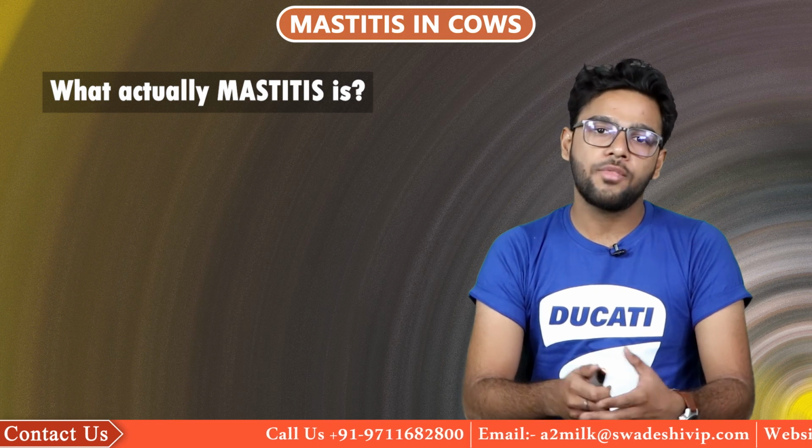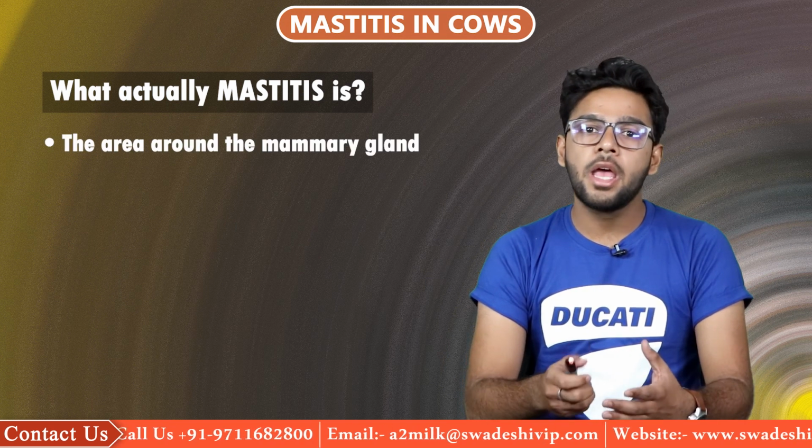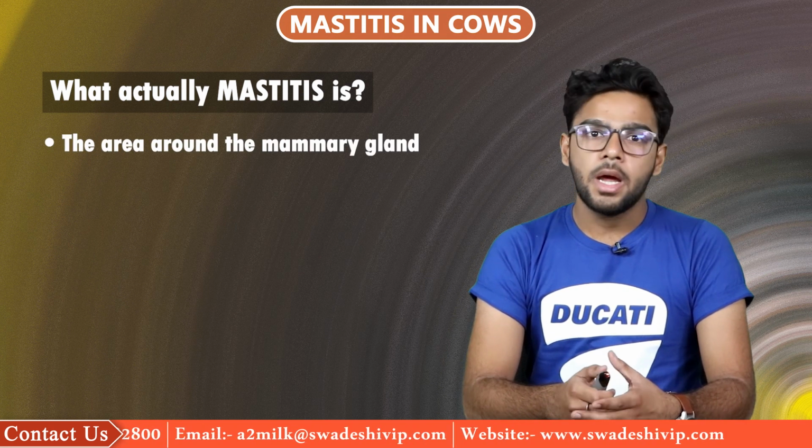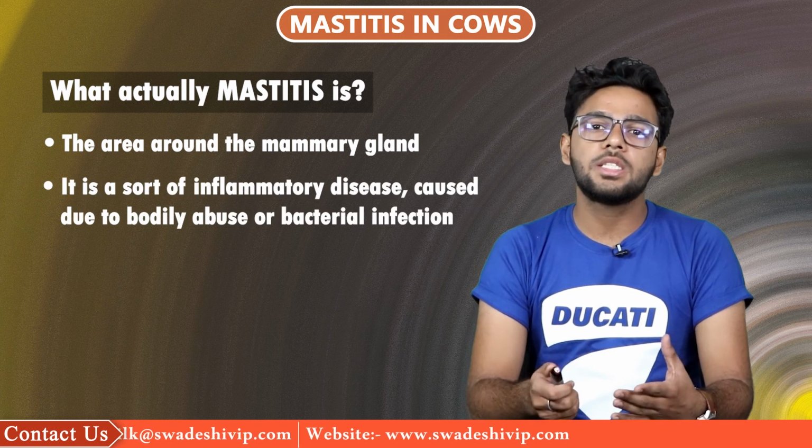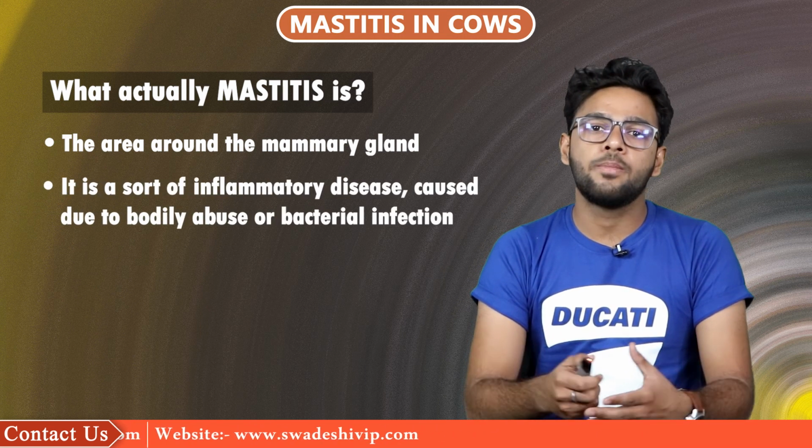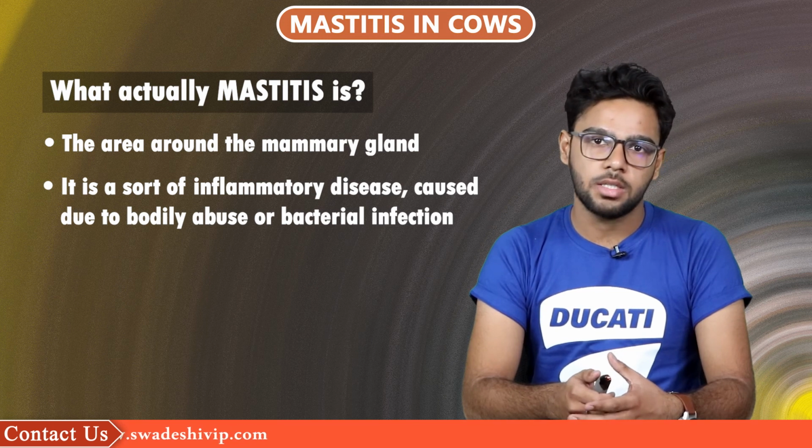So let's start with what actually mastitis is. Mastitis in cows is a disease that affects the udder area of a cow, that is, the area around the mammary gland. It is a sort of inflammatory disease caused due to bodily abuse or bacterial infections.